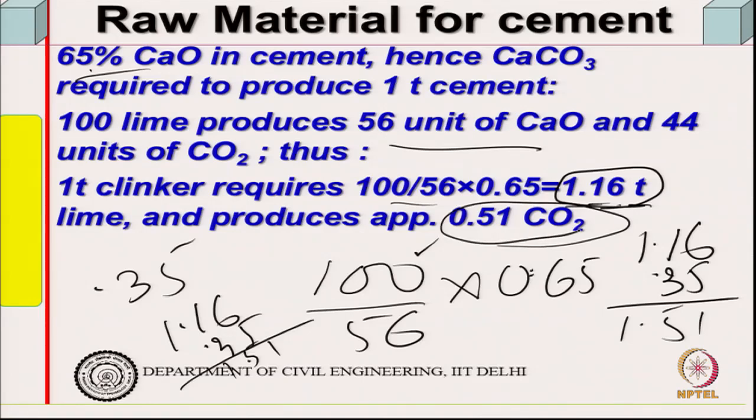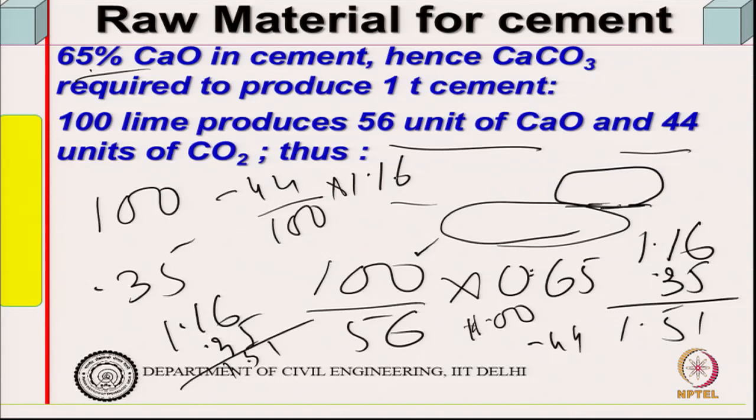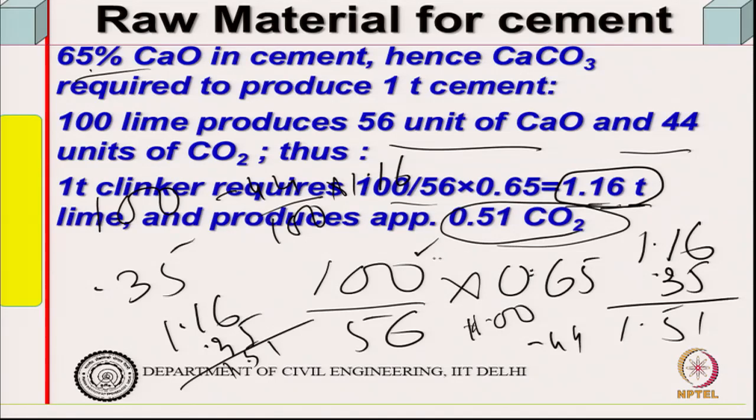And how much carbon dioxide will you produce? From 100 you produce 44, so from 1.16 how much will you produce? 44 divided by 100, and you are now using 1.16 tons of calcium carbonate. So, this will give you some value like 0.51.